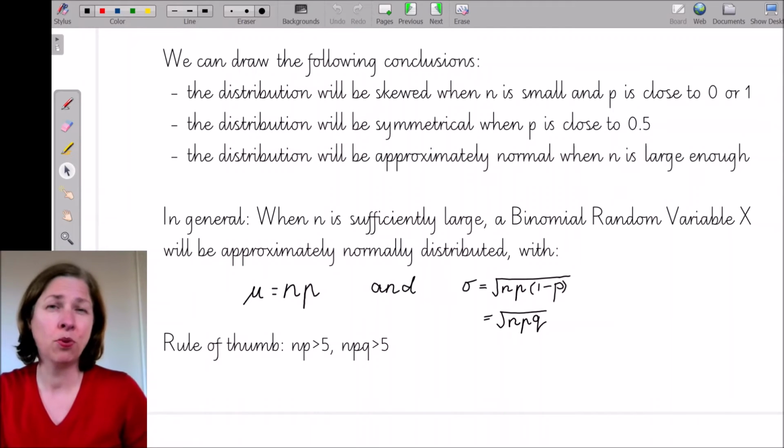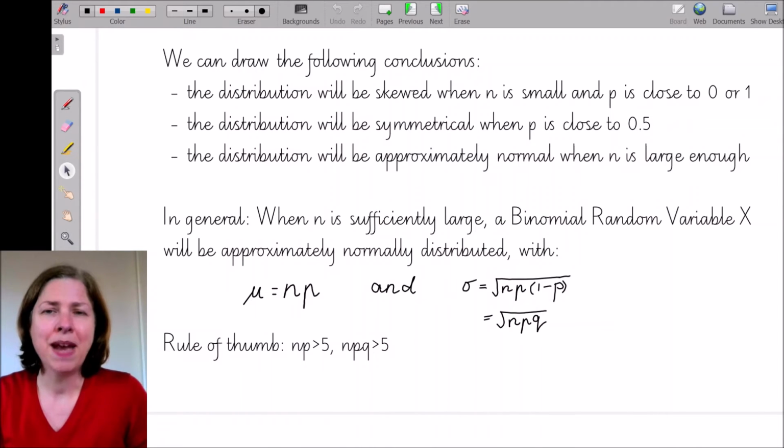So when p was 0.1 or 0.2, or when p was 0.8 or 0.9, or even 0.7, when my n was quite small, it was really quite skewed. But when I put p in the middle, then the distribution was definitely symmetrical. So when p was 0.5, my distribution was symmetrical.